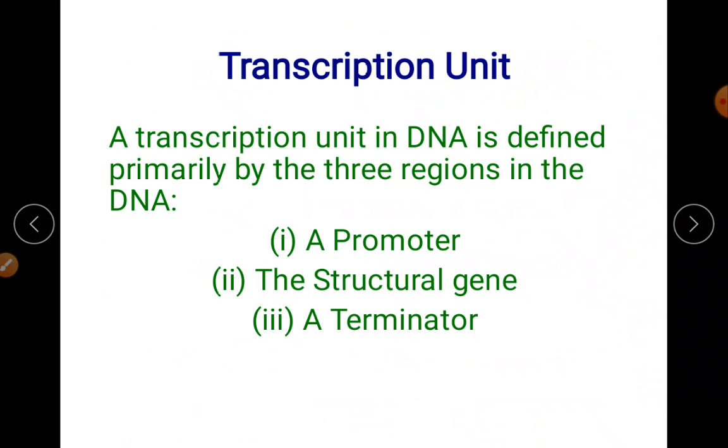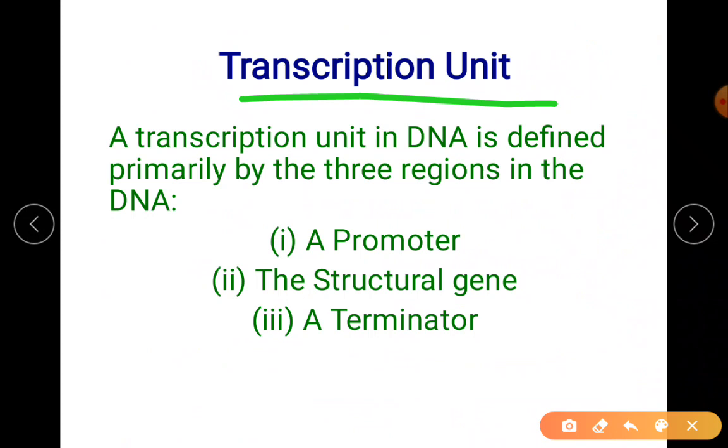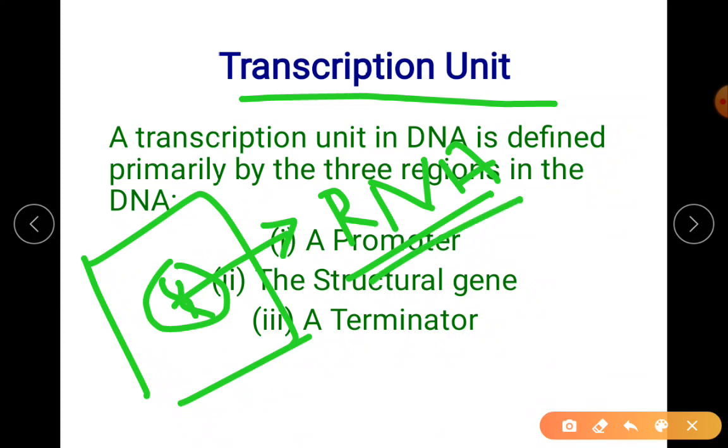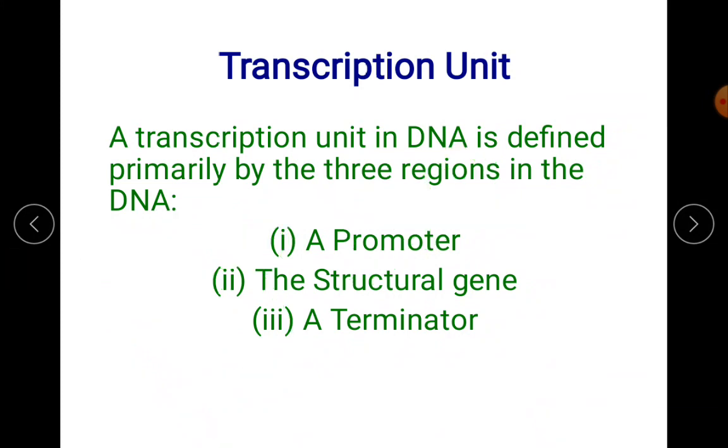Now you should know about what a transcription unit is. Now you know where transcription occurs: in the nucleus. Of course, you know your cell has a nucleus, you have your DNA, and from DNA you are getting your RNA. But you don't know the location of that transcription.